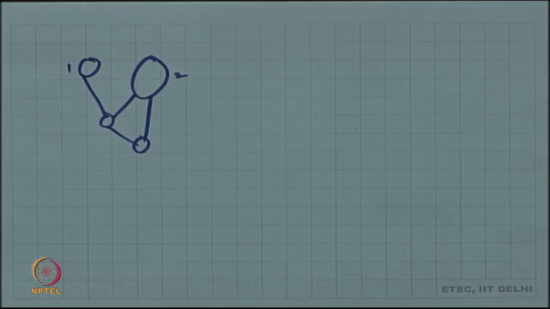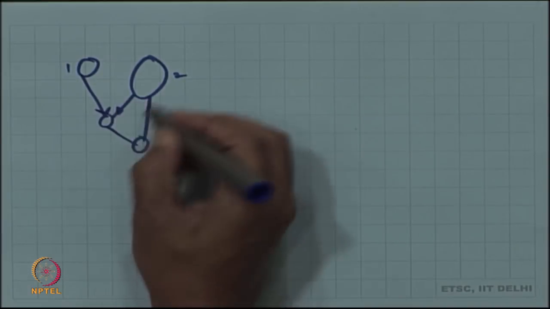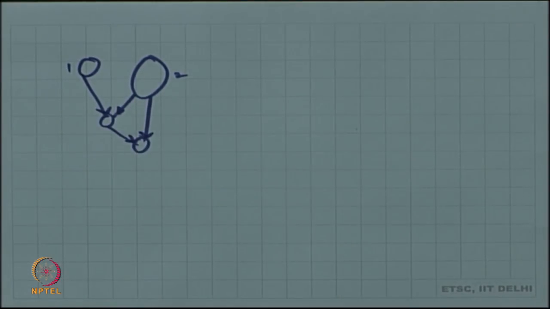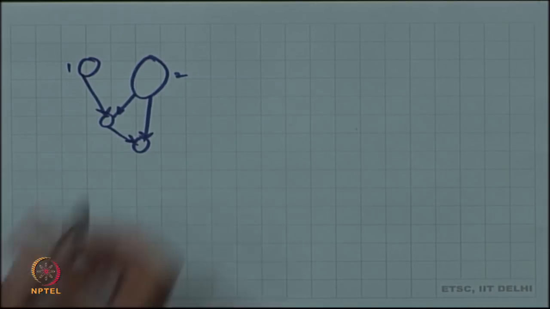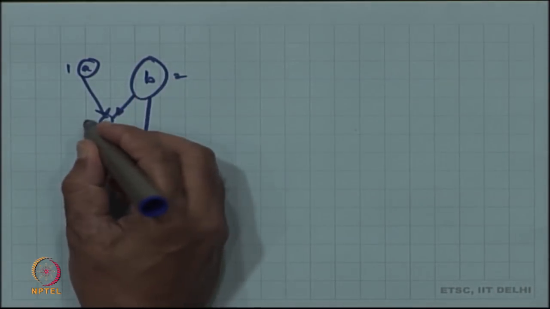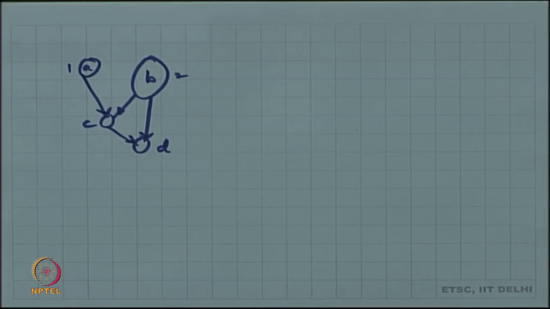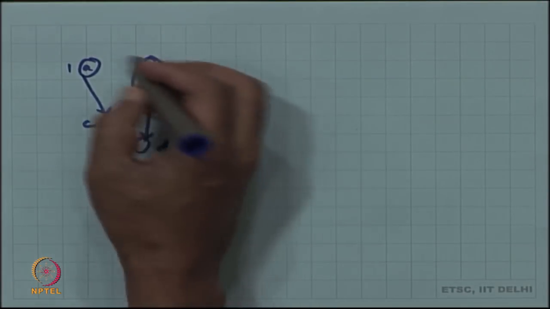ASAP and ALAP computations have to change now. In what way will they change? So, these are going in this direction. What goes into the first cycle in the ASAP? A, B, C, D. A and B clearly are scheduled into the first cycle, so that is okay.